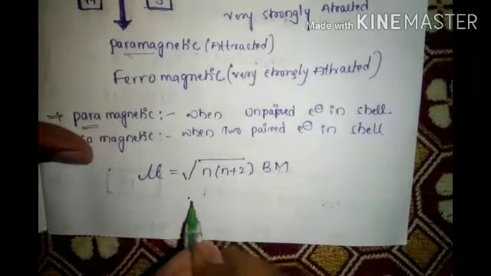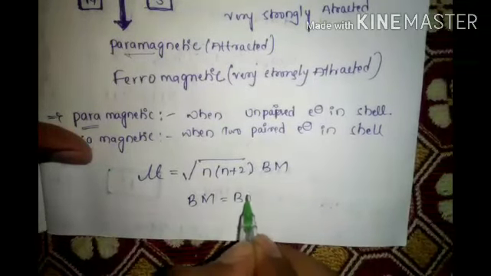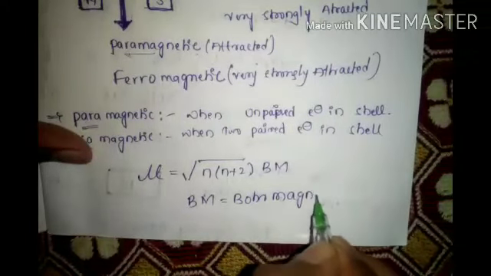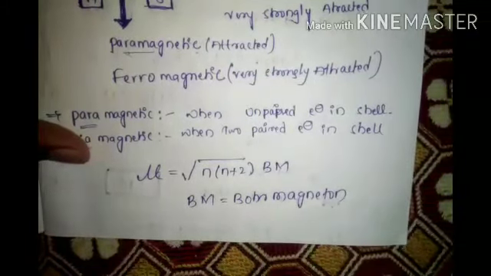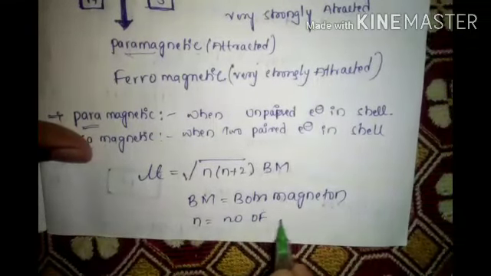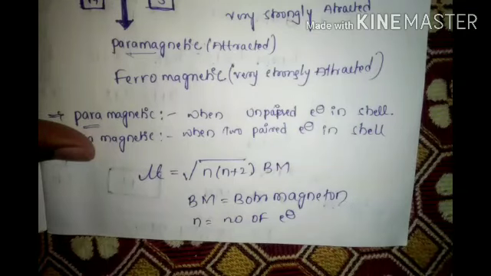BM means Bohr magneton. N means the number of unpaired electrons. Okay, this is called magnetic moment.